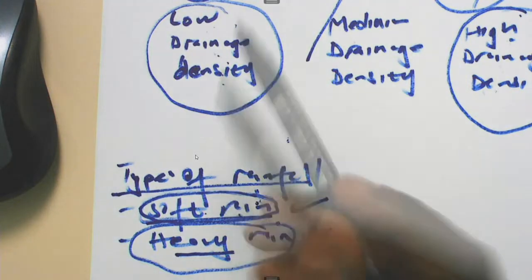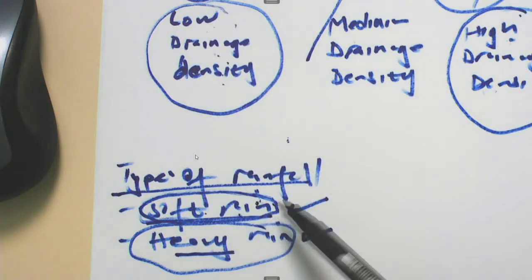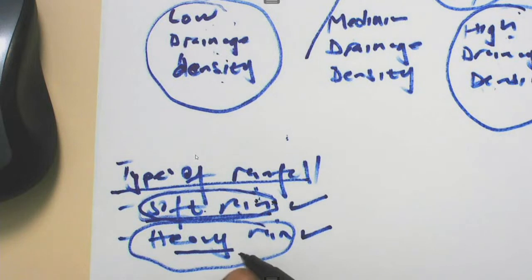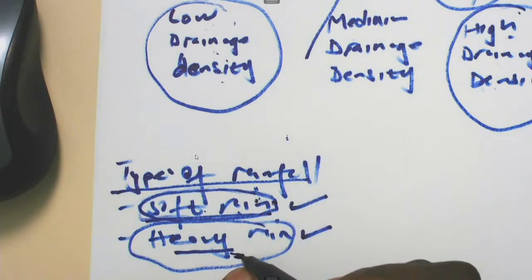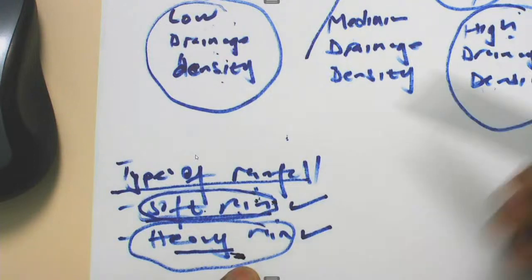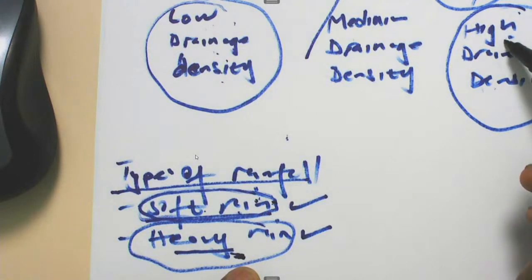Why? Because remember, if we're having a soft rain, it gives the soil an opportunity to absorb that rain. But with heavy rainfall, the soil won't be able to absorb that particular rain.